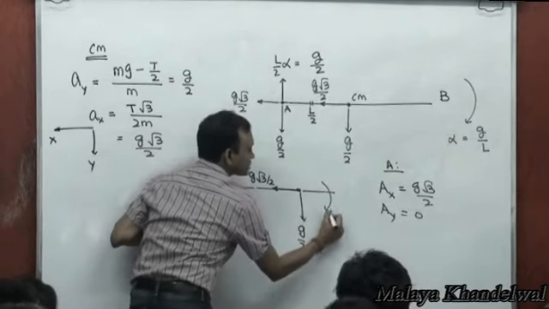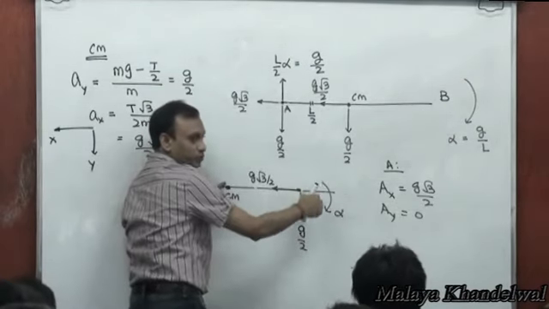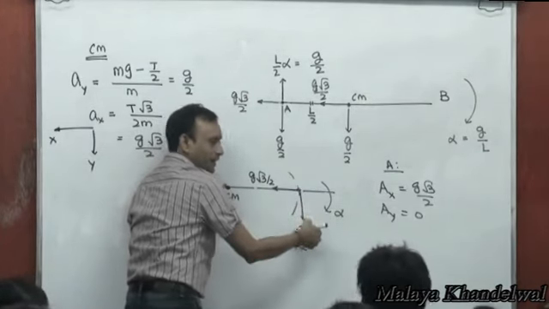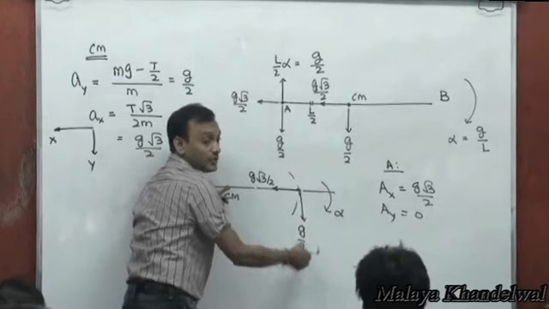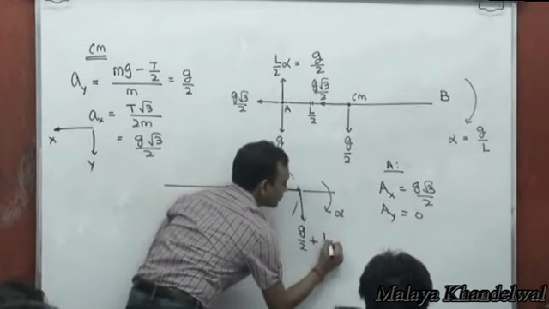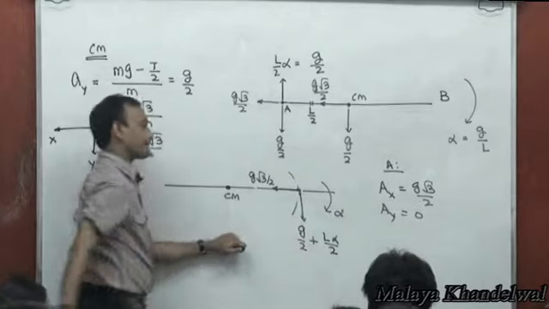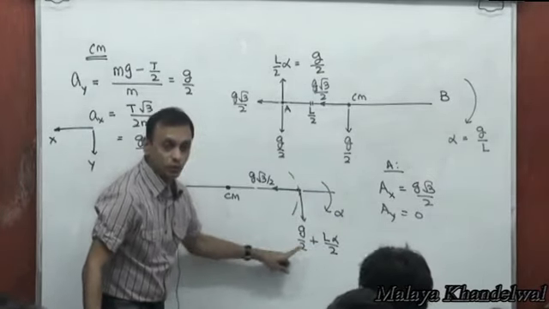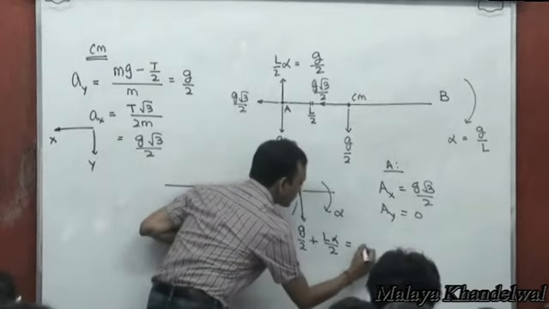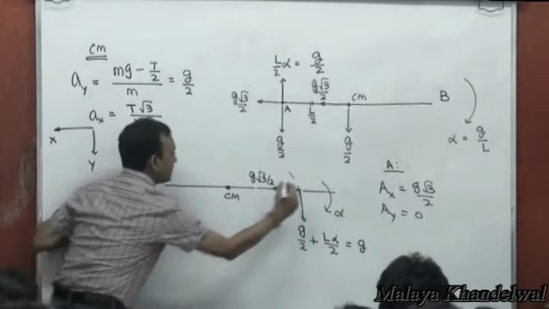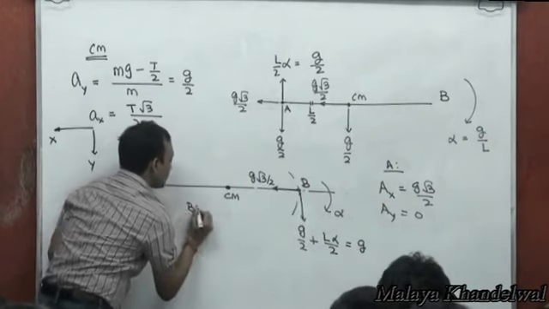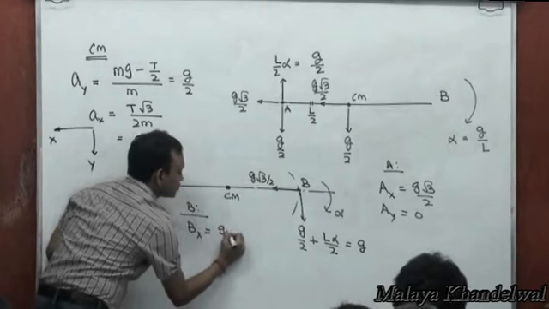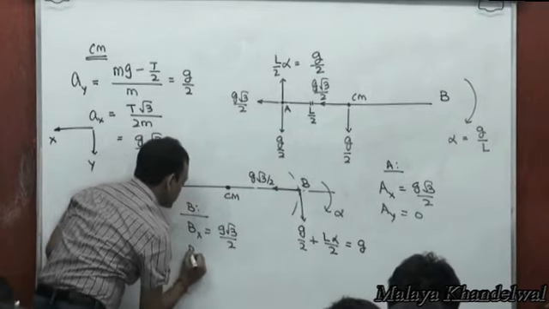Now imagine it to be in a state of pure rotation about the center of mass. So it will have a tangential acceleration L by 2 alpha, which would be g by 2. So the net acceleration in the y direction becomes g by 2 plus g by 2, which is g. So for B, the net acceleration in the x direction is g root 3 by 2, and the net acceleration in the y direction is g.